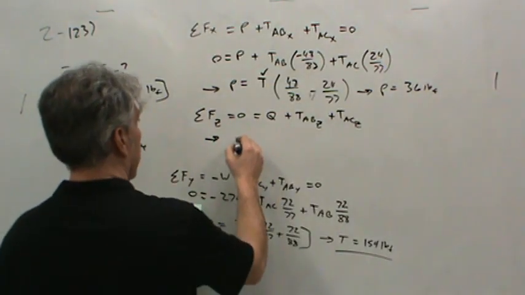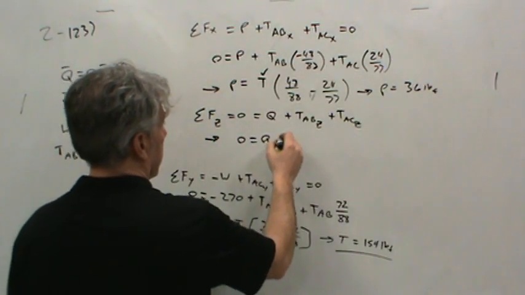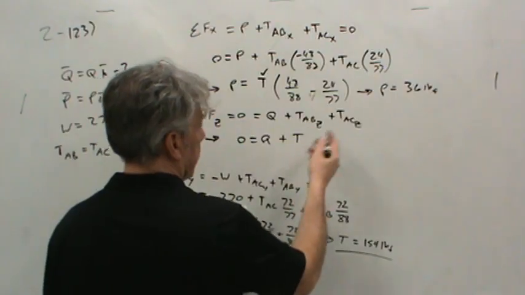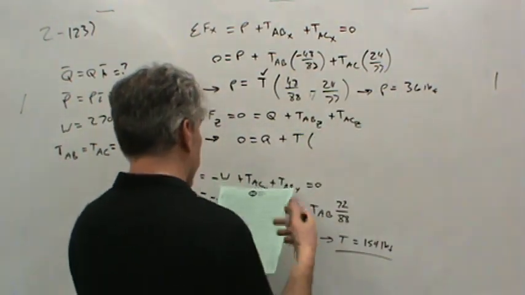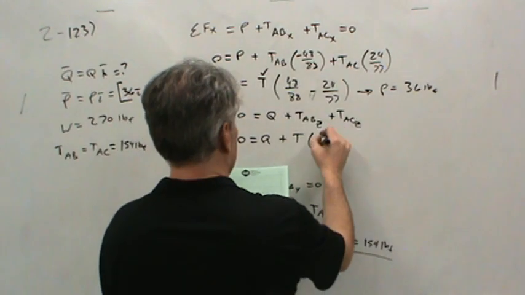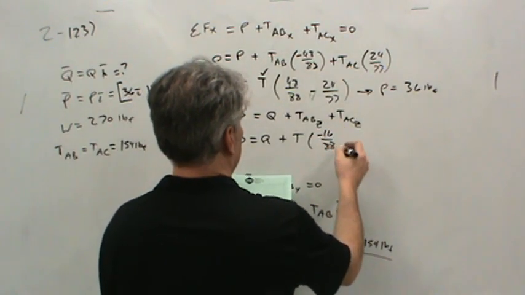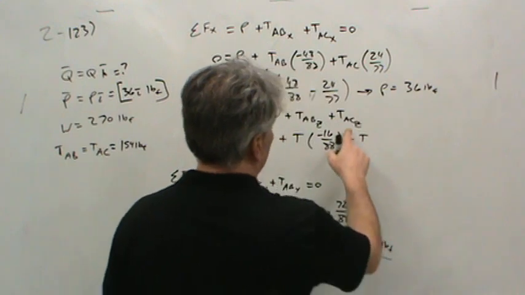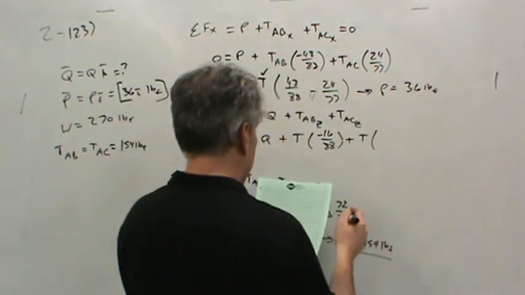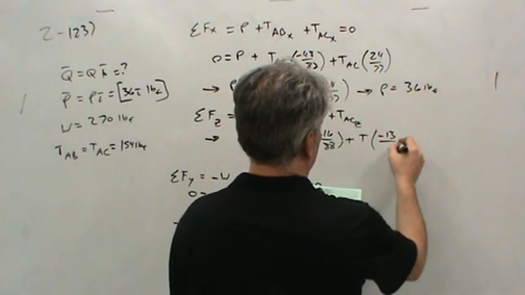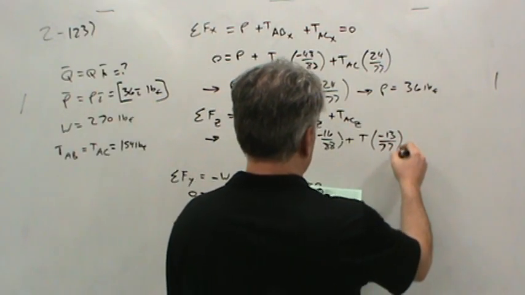Now, the tensions are the same, so I'm just going to write T. And in AB, the Z component, or the K component, is negative 16 over 88. But for AC, well, it's also in the negative Z direction, is negative 13 over 77.